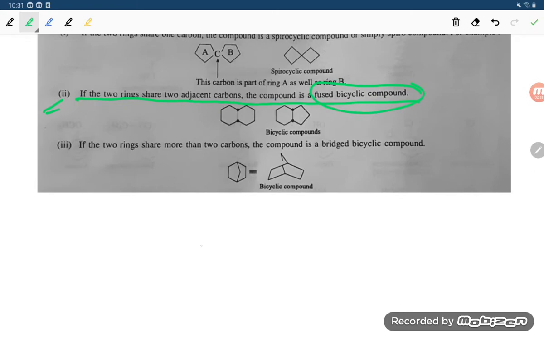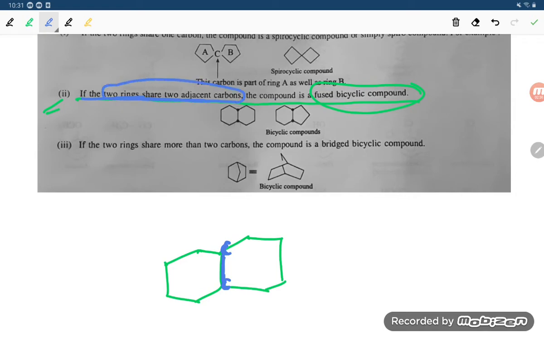So here the two cycles are there, and the two carbons, carbon 1 and carbon 2, are shared by the two rings, ring A and ring B. So two rings sharing adjacent carbons, that is known as a fused cyclic compound. Here you can see it is a bicyclic compound, but this is the fused type.